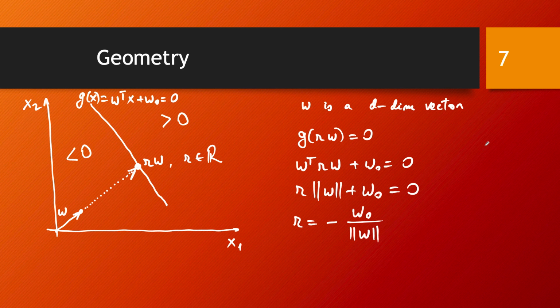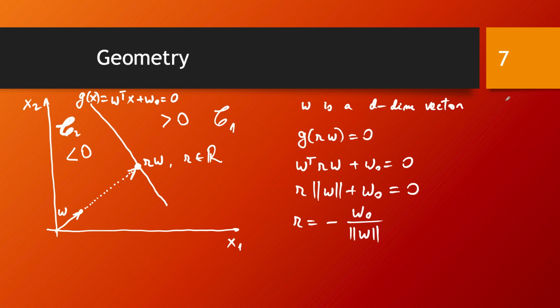So this hyperplane is going to divide our space into two parts, one where we classify all the points as being in class C1, and the other one as being in class C2.